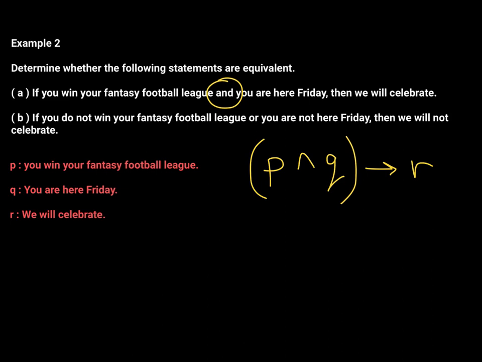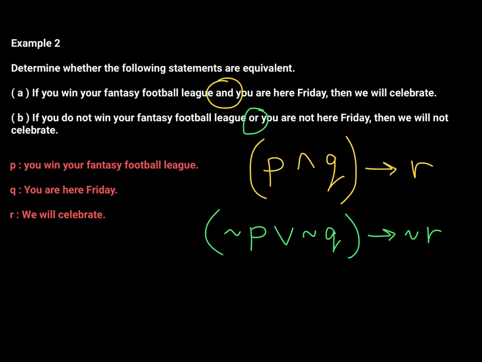If you do not win your fantasy football league, so if not P, or that's a disjunction, you are not here Friday, so that's not Q. So all of that is before the comma. All of that is the antecedent. Then, so there's our symbol, we will not celebrate, then not R. So these are the two statements.